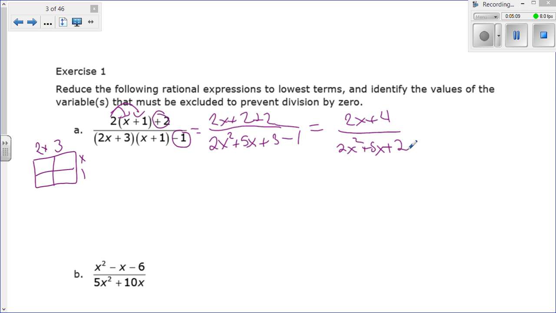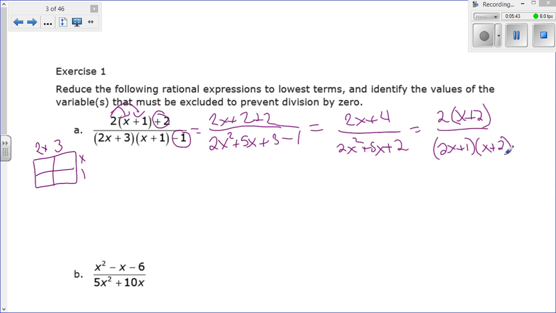What we need to do now is factor and then cancel. So I factor my numerator, and they each have a 2 in common, and I'm left with x plus 2 over, if I factor my denominator, again, if you have to, off to the side do your factor by grouping, you will get 2x plus 1 and an x plus 2.